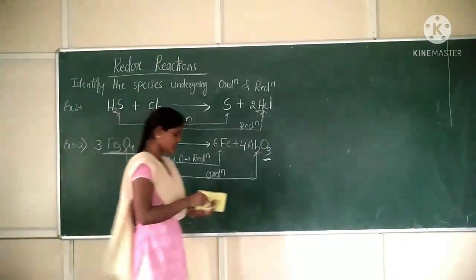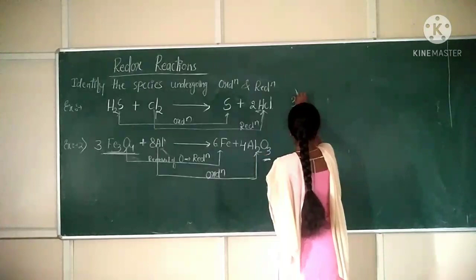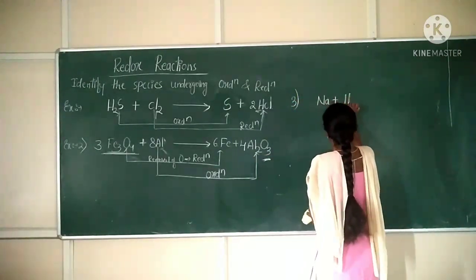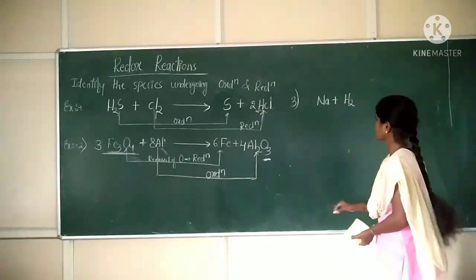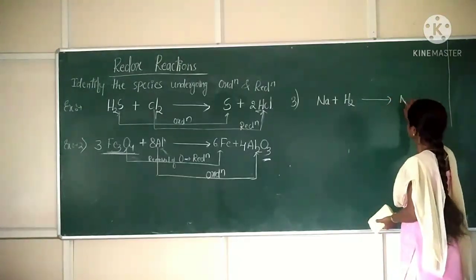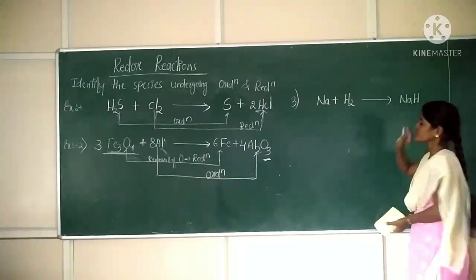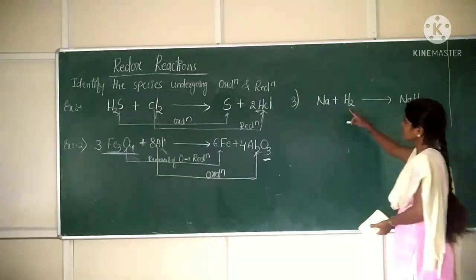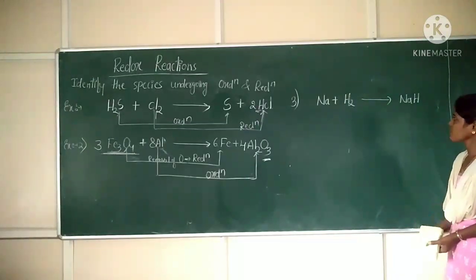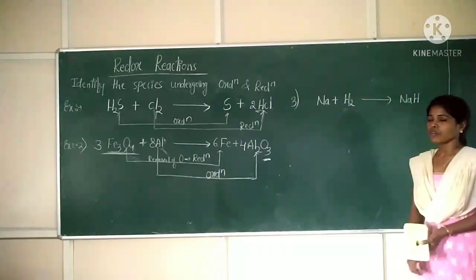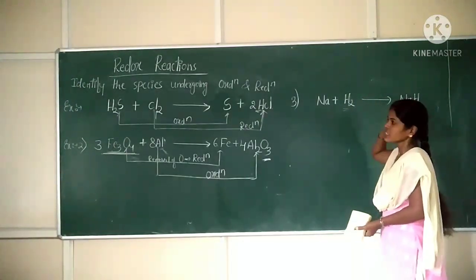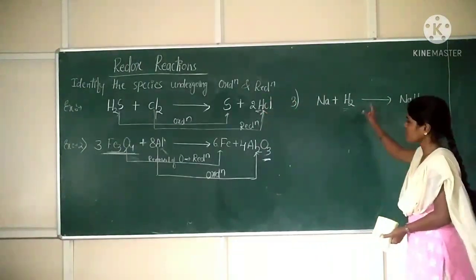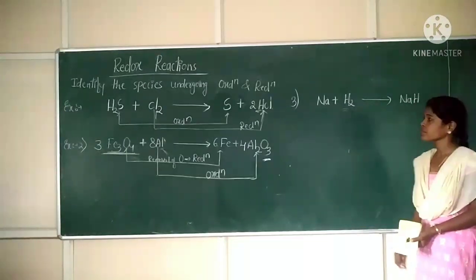Now the third example. Sodium reacts with hydrogen. It forms sodium hydride. Now there is no oxygen in the given reaction. Only hydrogen is there. This example is somewhat different from the first and second examples.